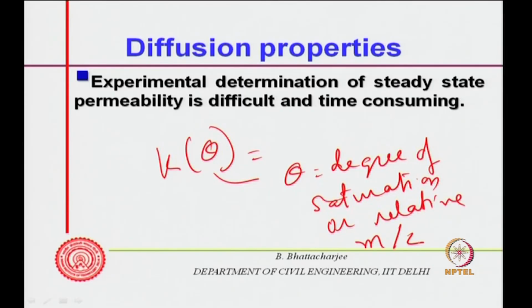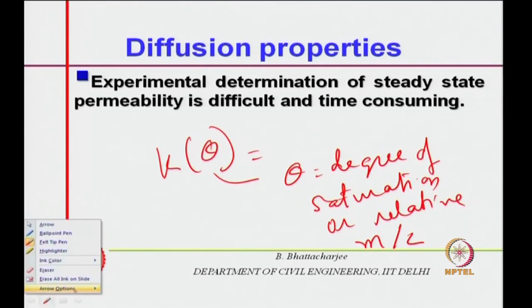But K we generally determine for saturated condition. To achieve the saturated, steady state situation takes a very long time in concrete, because permeability is very low. So, it is difficult, time consuming and not easy to do. So, this is one thing.